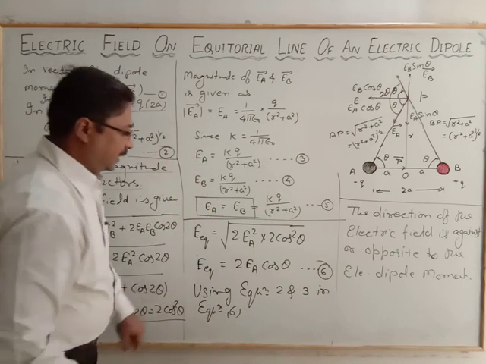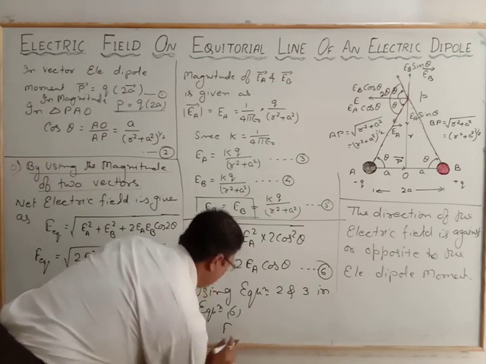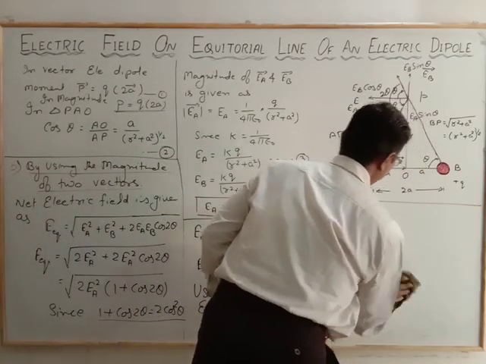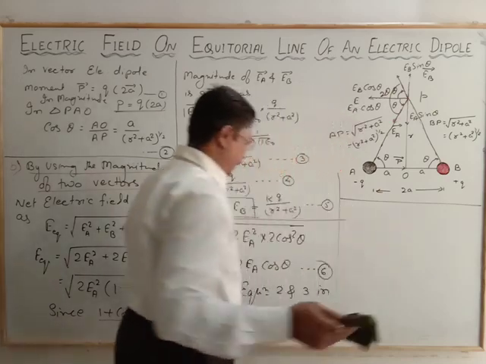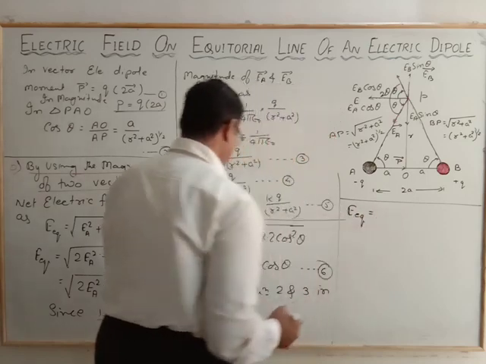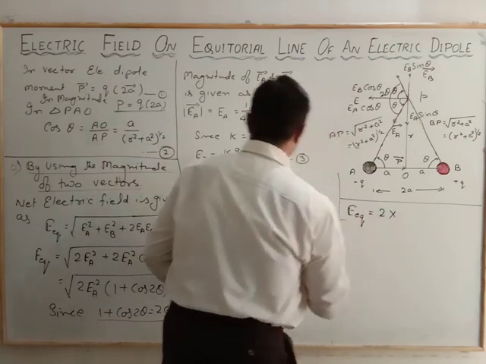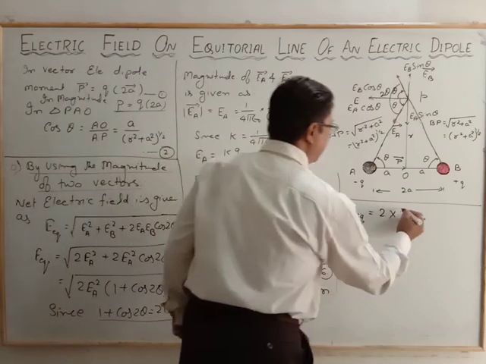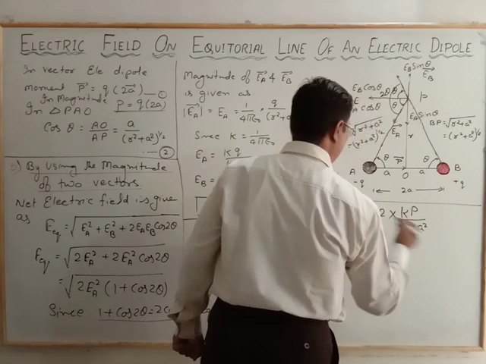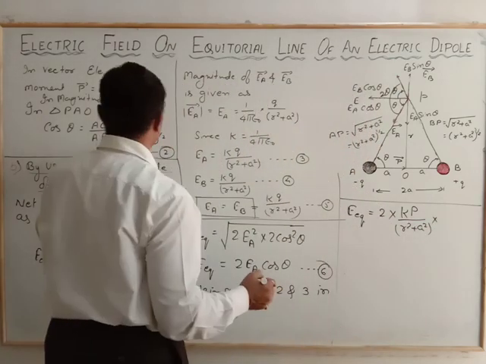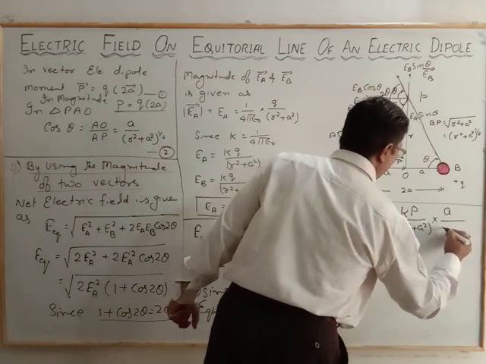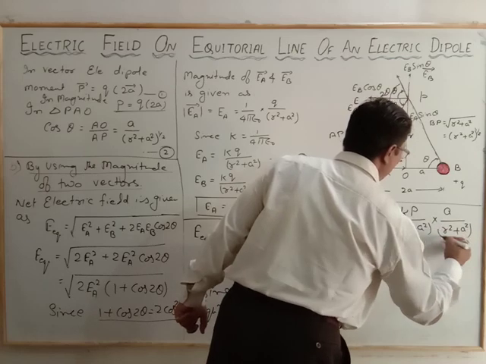So now the electric field E equatorial is equal to 2 into, in place of EA, again Kp by r square plus a square, into, in place of cos, from equation number 2, a by r square plus a square whole to the power half.